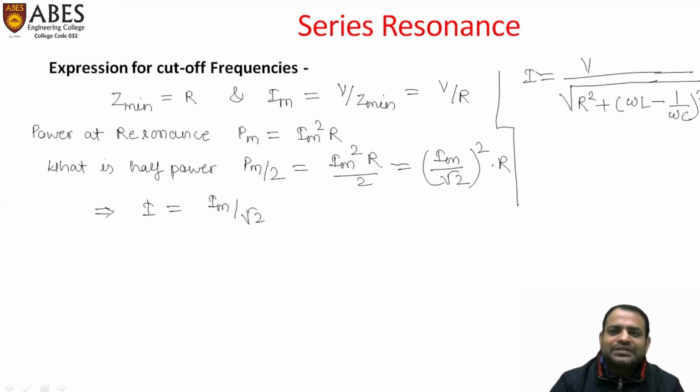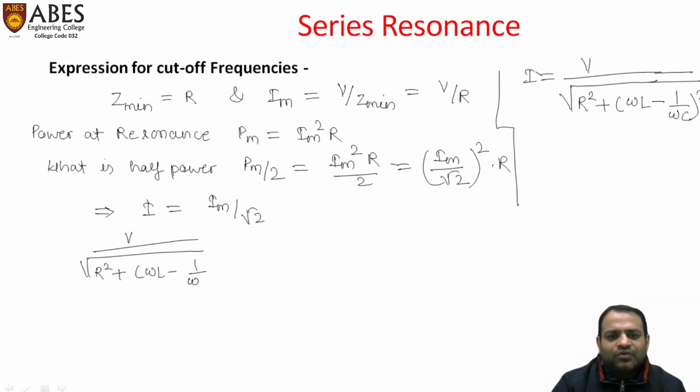Before resonance and after resonance, the current is I equal to V upon under root of R square plus omega L minus 1 upon omega C whole square. So put it here, V upon under root of R square plus omega L minus 1 upon omega C whole square.